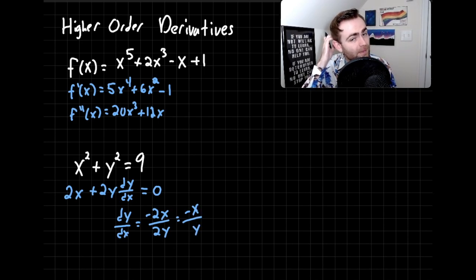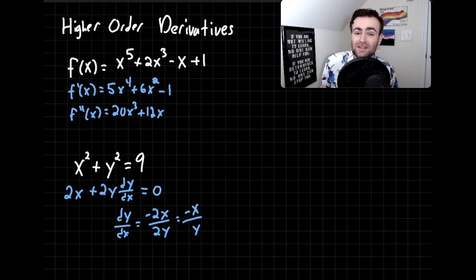Not too bad. But if I want to find the derivative of this, quotient rule. So we need to draw a fish. So negative x in the numerator, y. Negative x's derivative is negative 1. The derivative of y is dy/dx, minus fish.